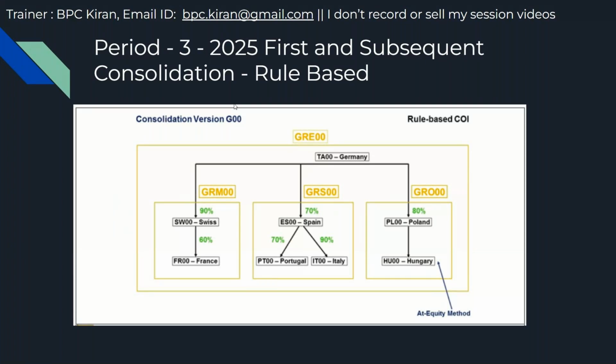In the same way, like the first consolidation period, we are going to execute first consolidation and subsequent consolidation. Here also we have the equity method, 30%, Poland's investment in Hungary 30%. If it executes in 2023, we will execute using the equity method. We will automate the equity method using reclassification rules.